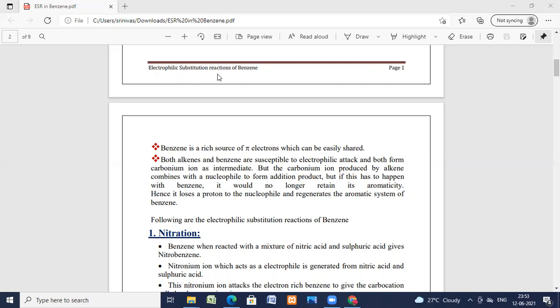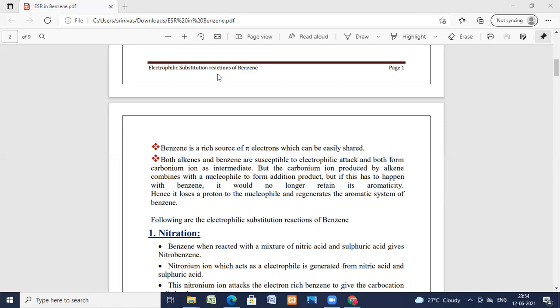The nucleophile is the negatively charged species, and the electrophile is the positively charged species. As we all know, the reagents are of three types: electrophile, nucleophile, and free radical.